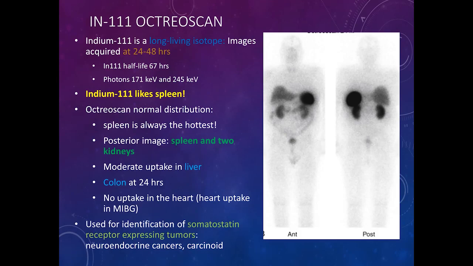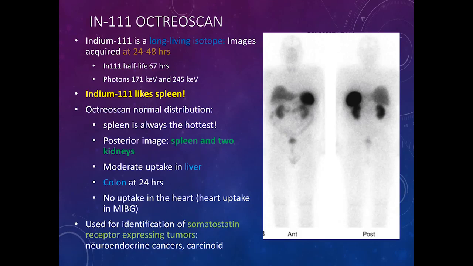And another difference is kidneys. Kidneys will be bright on OCTREOSCAN, but will be very faint or not even visualized at all on MIBG. So liver, spleen and kidneys is OCTREOSCAN. Heart and liver is MIBG scan.